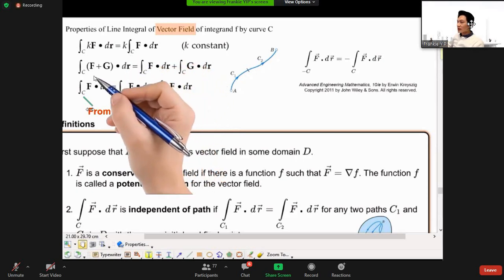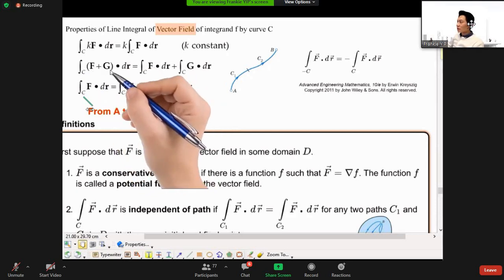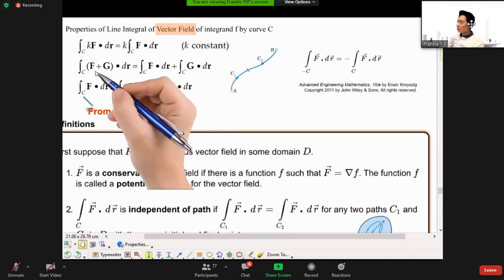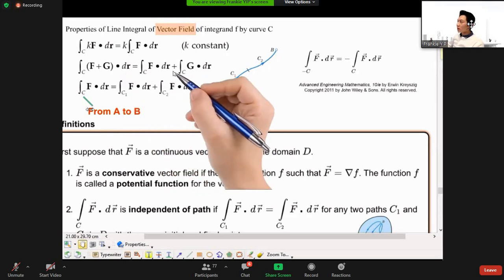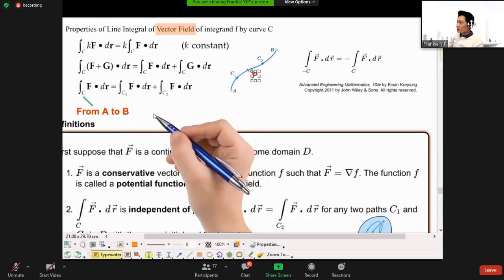The second thing is that we are going to integrate F plus G, where both F and G are vector fields. So we can separate the integral into the integral of F dot dr plus the integral of G dot dr. And the last one, I think it's easy.